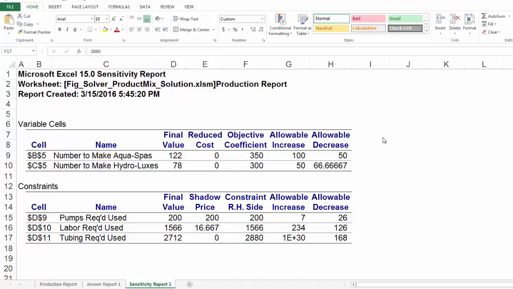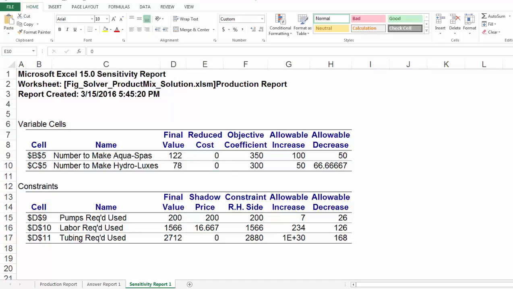In this video, we are going to talk about allowable increase and allowable decrease with respect to objective coefficient. In the next video, we are going to discuss shadow prices and their allowable increases and decreases. In the last video on sensitivity analysis, we are going to focus on the reduced cost.